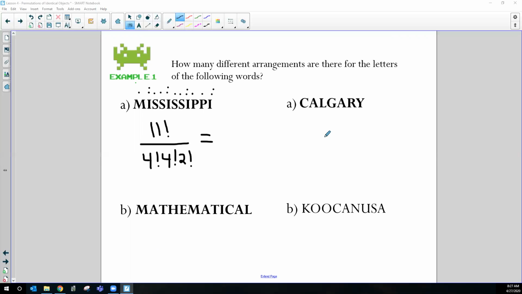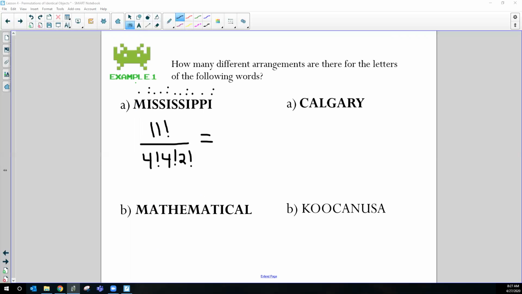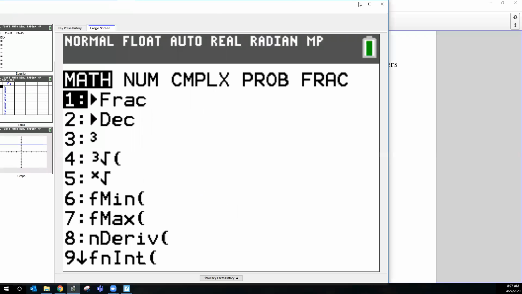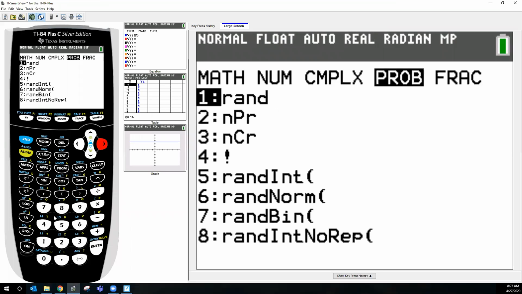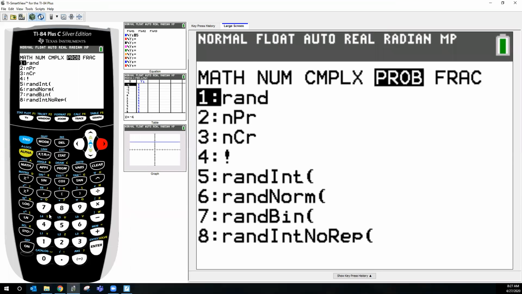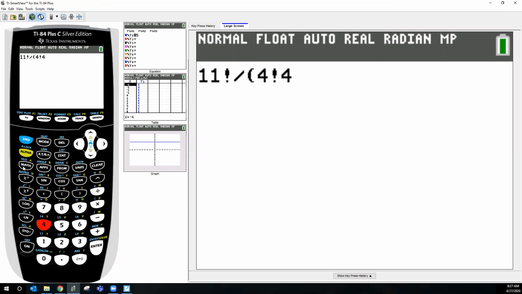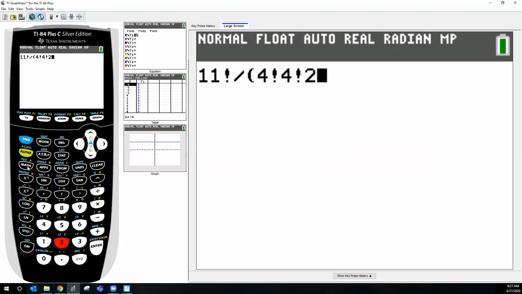While my calculator loads, I'll do the next one. Oh, here it is. So we're going to go 11 factorial divided by 4 factorial, another 4 factorial, and 2 factorial.